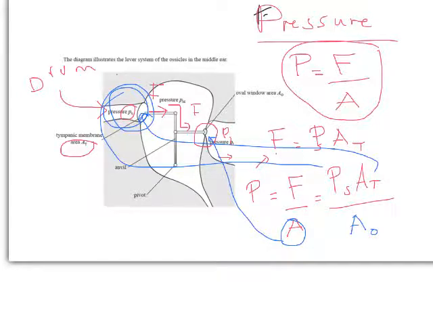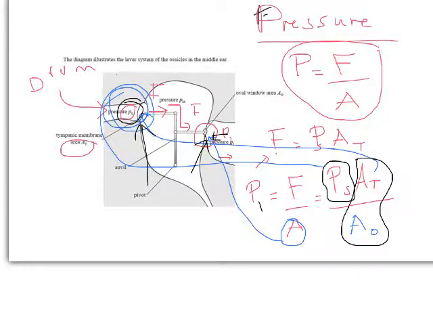So in fact, if you think about this, the pressure PI going into the cochlea is going to be equal to the pressure coming from the eardrum times the ratio of these areas. Now if you notice, the area of the oval window is much smaller than the area of the tympanic membrane.